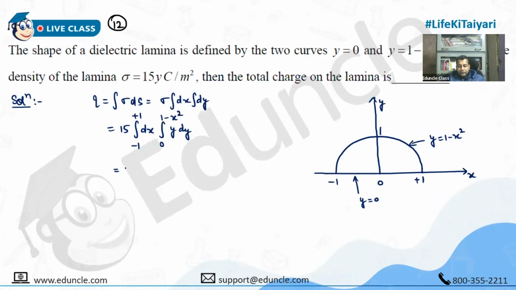So it will be y square by 2, and y square means (1 minus x square) whole square. It is clearly an even function, so I can write this as twice 0 to 1.